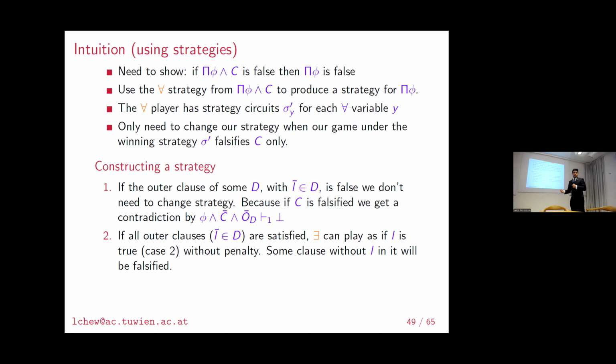So what we do as a universal player is we just play as if the existential player has done this more beneficial strategy of setting L to true. And in that case, we already know under our old strategy, in that scenario, we should win because we assume we have a winning strategy.